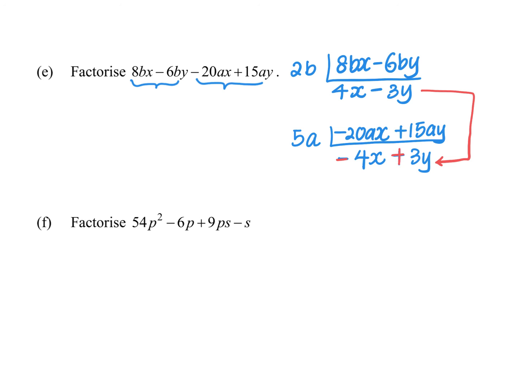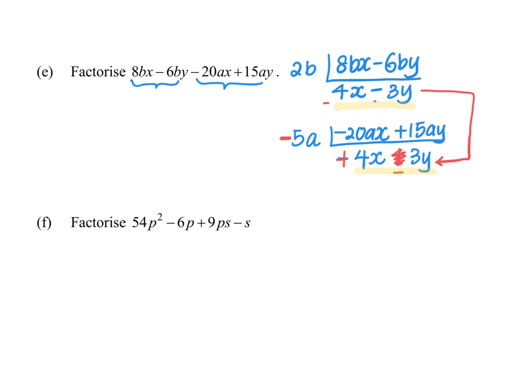So in this case, we can factorize out a negative 5a. Then this sign will change to positive, and this sign will become minus. Now we have 4x minus 3y and 4x minus 3y exactly the same.